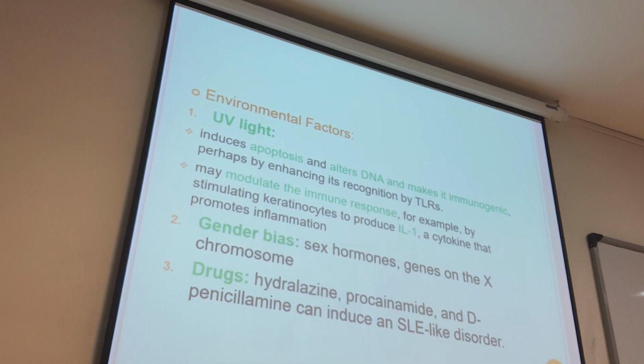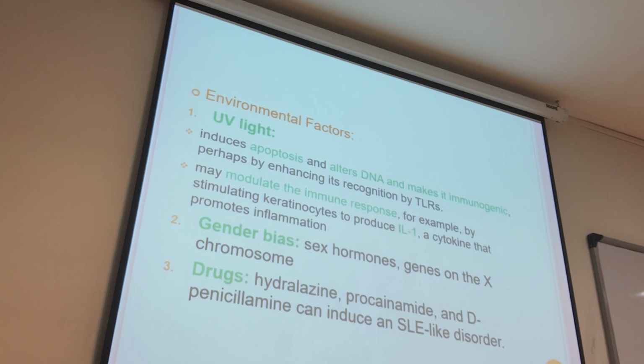So by alteration of antigens, it makes them immunogenic for the body. And sometimes UV light modulates the immune response. For example, it stimulates keratinocytes to produce interleukin-1, which causes inflammation.